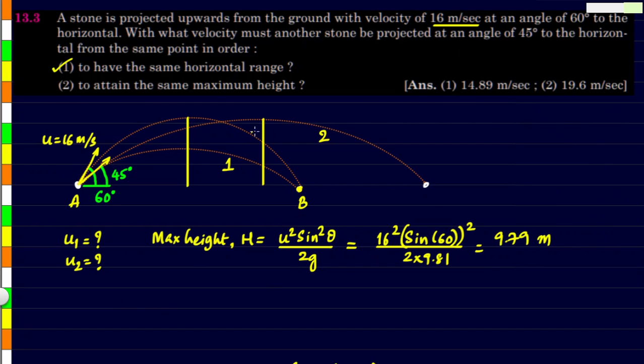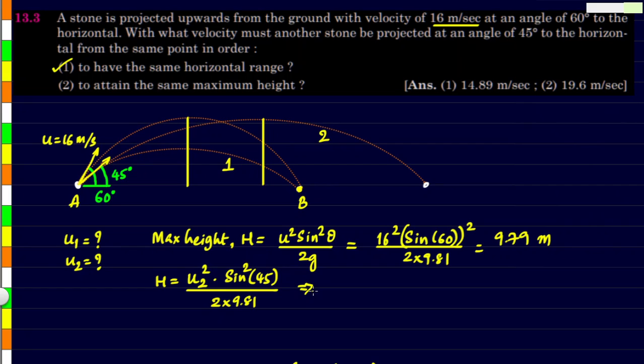Now our object, which we are firing at 45 degrees, is supposed to have the same height. So this time we need to fire with velocity u2 square, and the angle theta is going to be 45 degrees instead of 60 degrees, so sine square 45 degrees, divided by 2 into 9.81.